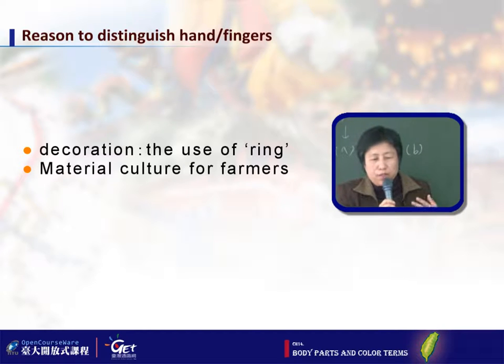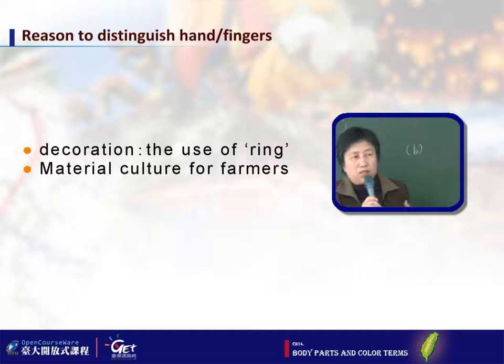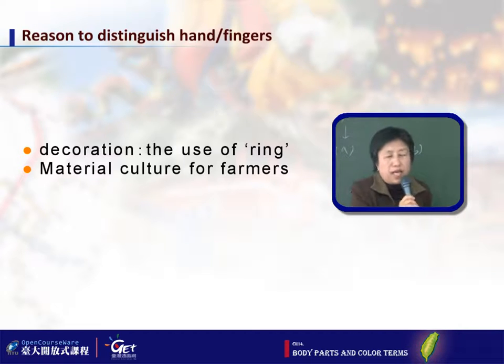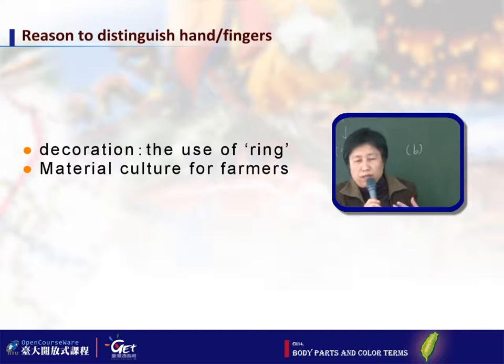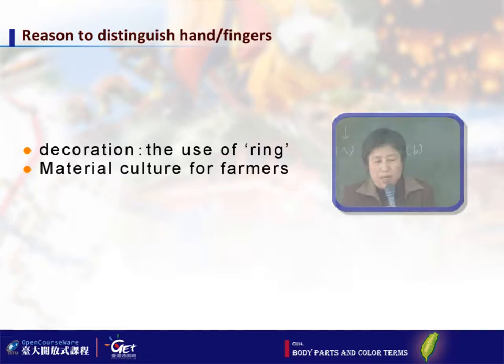So for decoration, there's the use of rings. And in an agricultural society, farmers have some material culture, so they are much wealthier than the hunter-gatherer society. So they tend to decorate part of their body. So there's a use of rings.